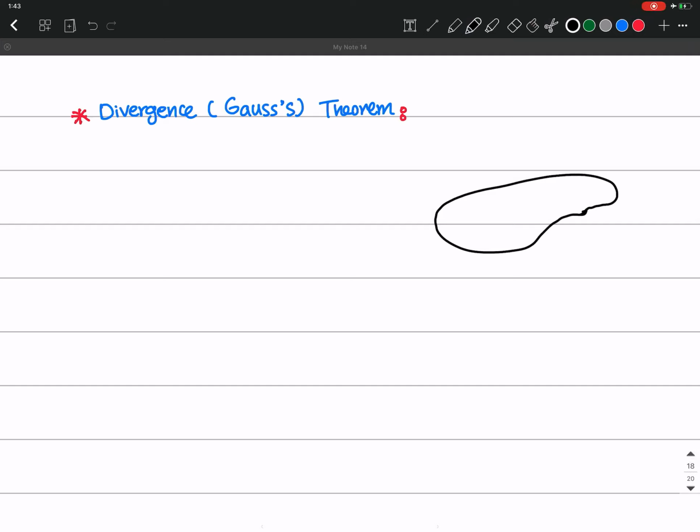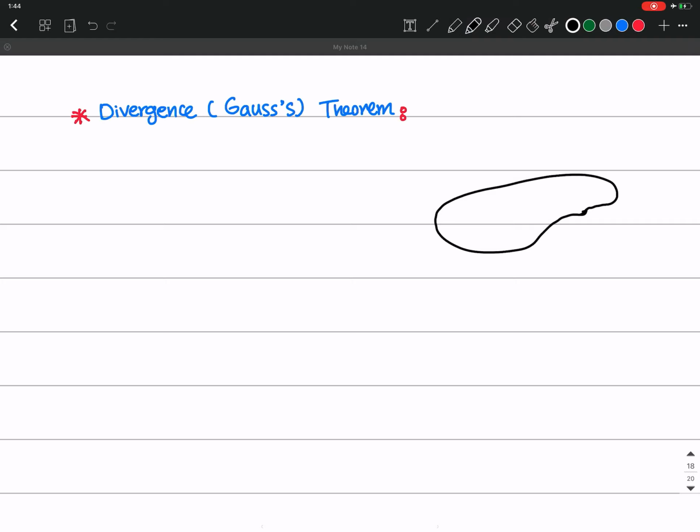Hello everyone. In this lecture, we are going to introduce the continuity and momentum equation in differential form. Previously, we derived these equations in integral form.